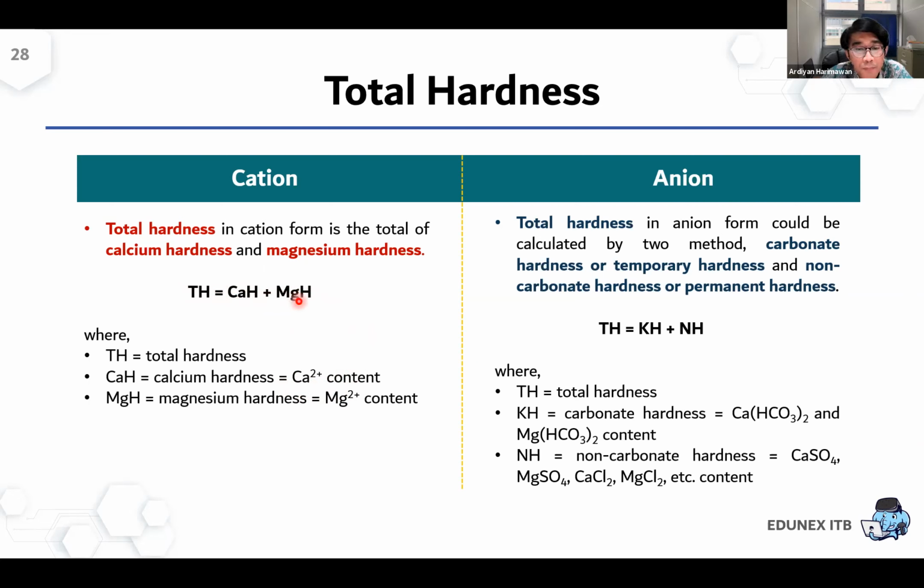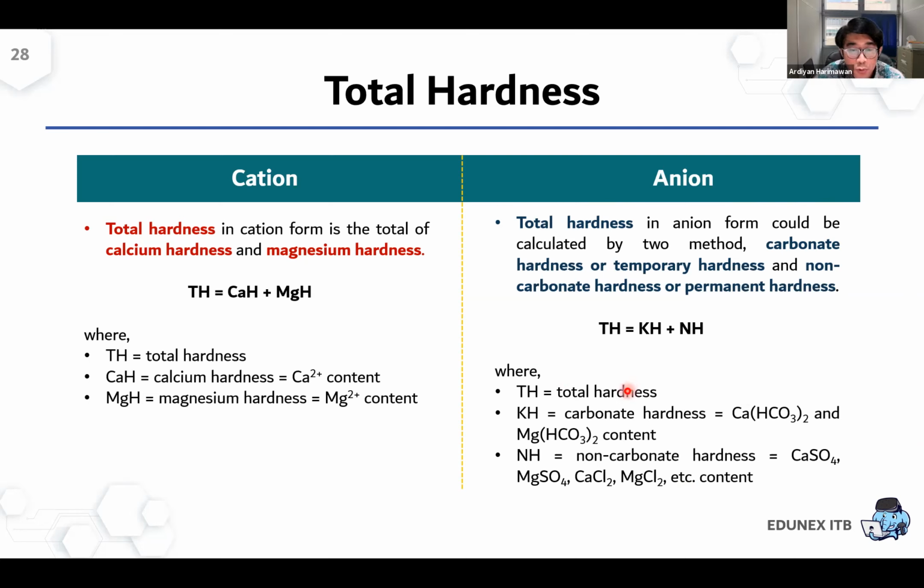Later we will discuss. On the anion side, the total hardness in anion form could be calculated by two methods. First is the carbonate hardness, which we call the temporary hardness, and the other one is the non-carbonate or permanent hardness.